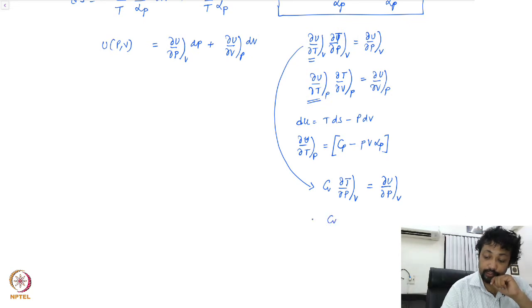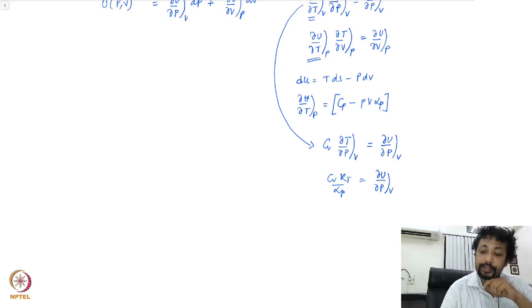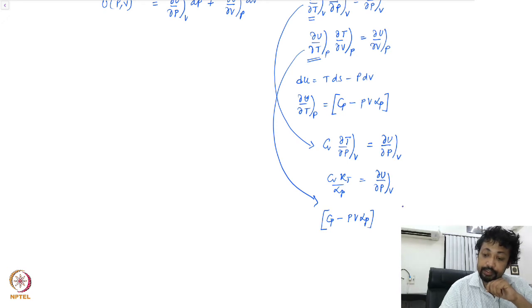So Cv kappa t over alpha p is del u del p volume constant, and here this relation now becomes del u del t pressure constant is Cp minus Pv alpha p times, there has to be a volume here, so volume del v del t pressure constant.